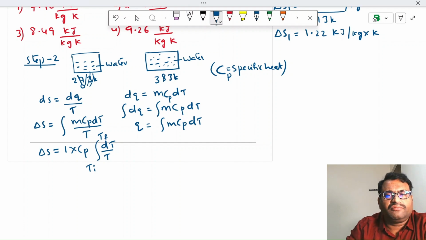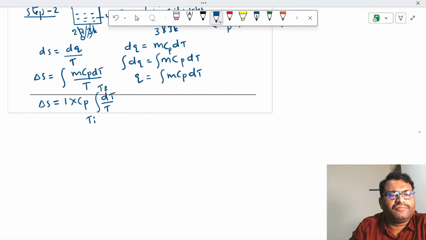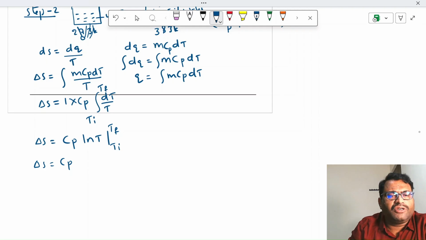The integration of dx by x gives log x, so delta S is equal to Cp into log T final minus log T initial.